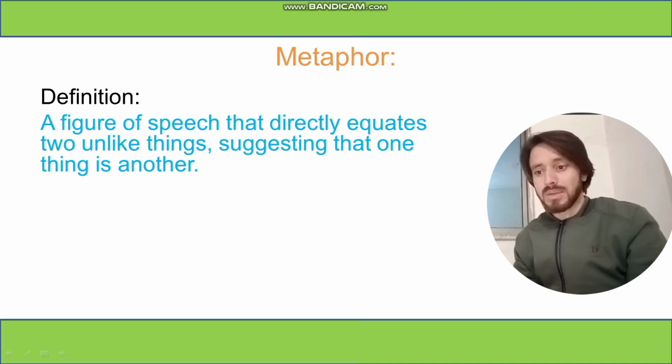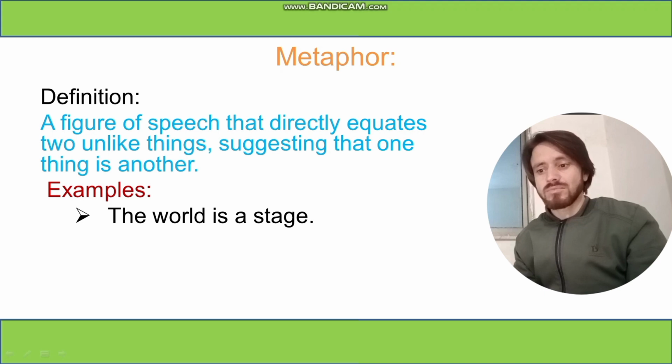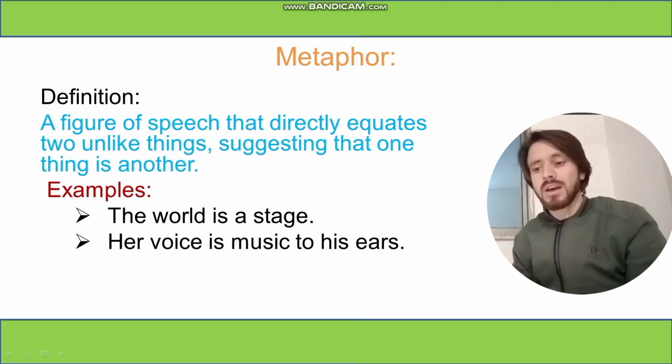Okay, we have examples now. The world is a stage. Here in this example, world and stage are compared, a direct comparison. There is no as and no like, but it is a direct comparison by using a helping verb or a verb. Okay, now: her voice is music to his ears.